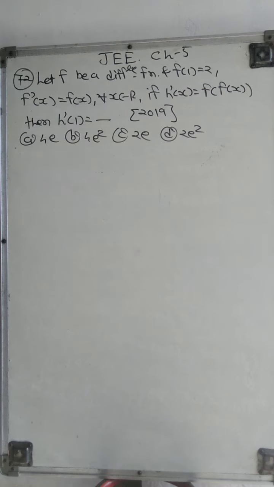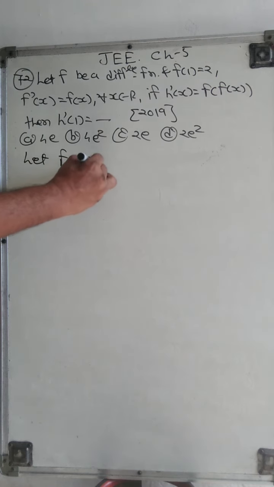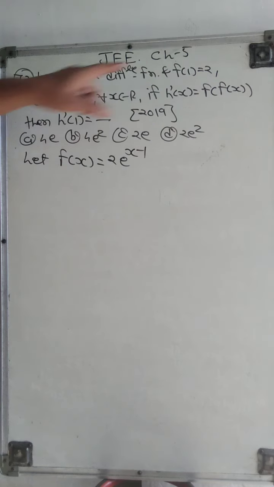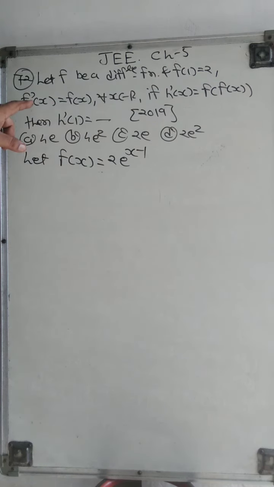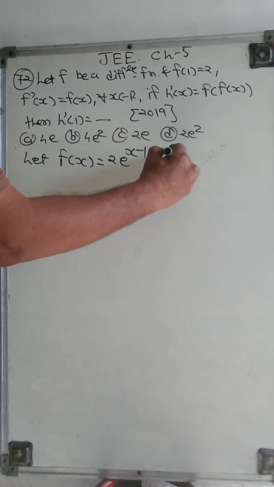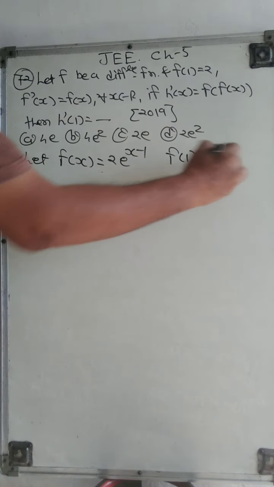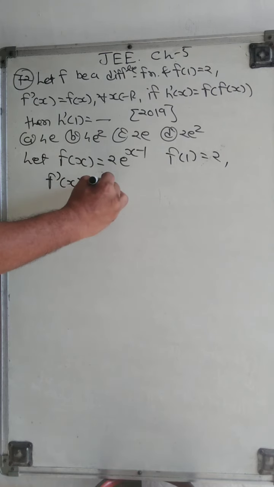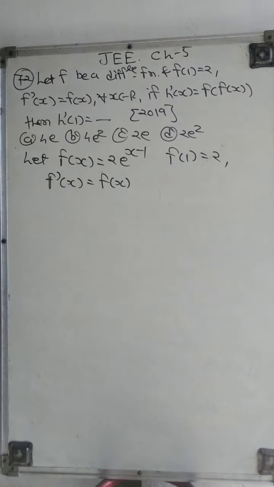Therefore we use this function here and let f(x) is equal to 2 e raised to x minus 1, because there are two conditions, f(1) equal to 2 and f dash x equal to f(x). So if we put f(1), then it is 2 and f dash x is equal to f(x), right? Therefore these two conditions are satisfied.